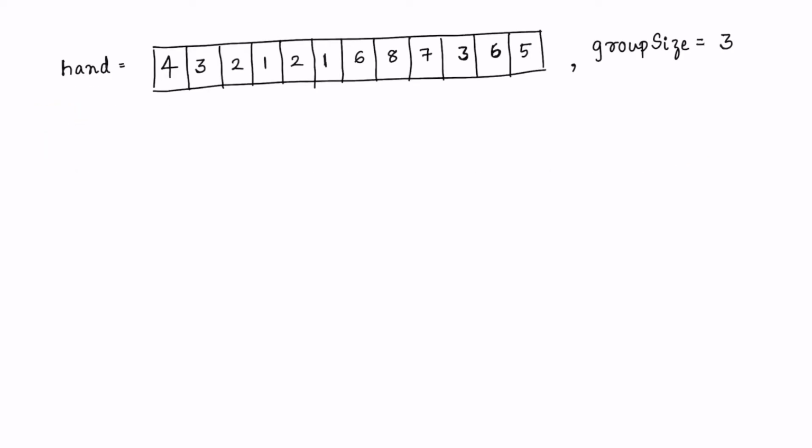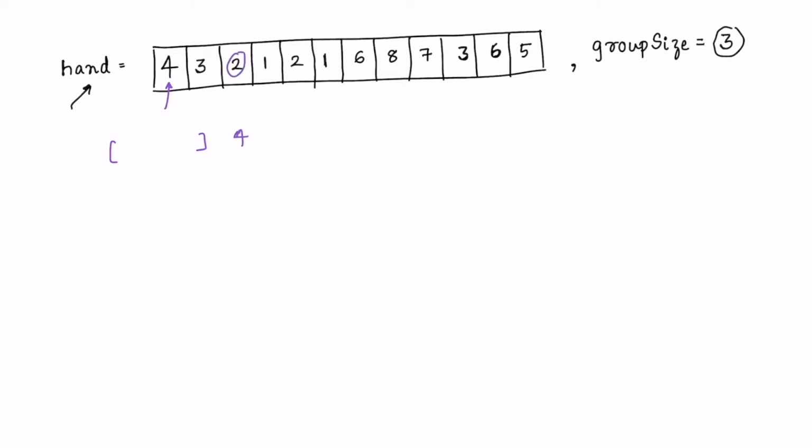Here is another example input array hand. Let's try to see if we can rearrange this input array into groups of size 3 where each group has 3 consecutive card values. The first card we have in the input is 4. How would we make a group of size 3 where one of the cards in that group is 4?